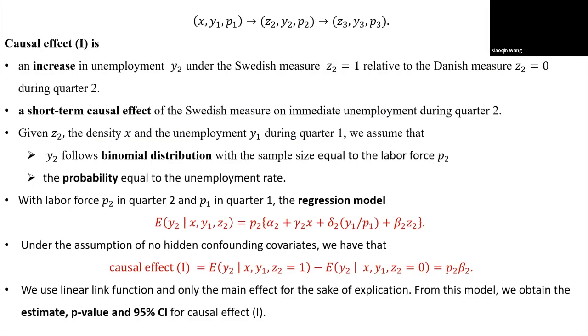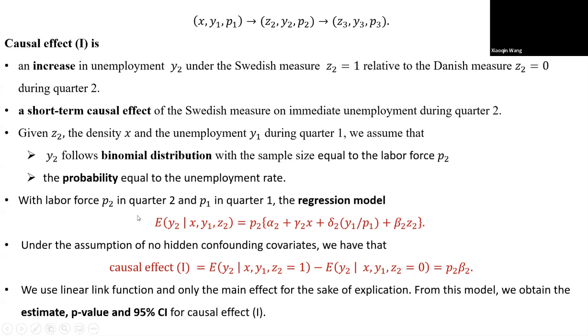So we consider 4 different kinds of causal effects. Causal effect number 1, where we only consider quarter 2. That's the increase in unemployment, Y2, under the Swedish measure relative to the Danish measure during quarter 2. It's the short-term causal effect, meaning the measure during quarter 2 on the outcome during quarter 2.